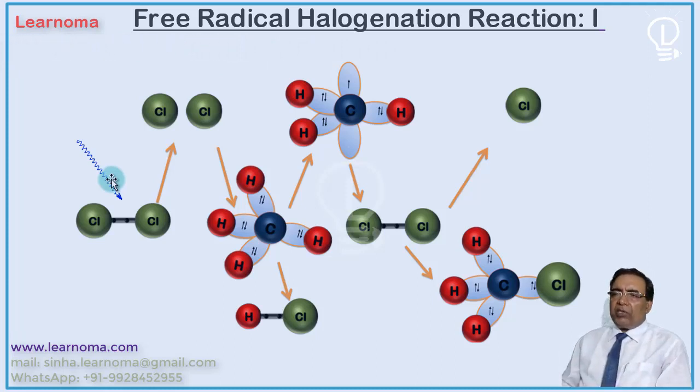When such light falls on the chlorine molecule, it dissociates into two atoms, or better called radicals. These are the chlorine radicals. The radicals are high energy species, they are paramagnetic, they have an unpaired electron, and they are very reactive.